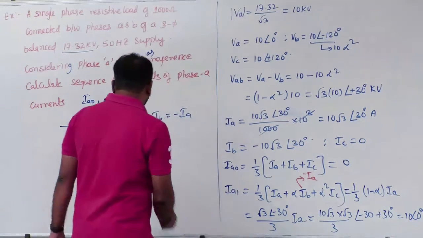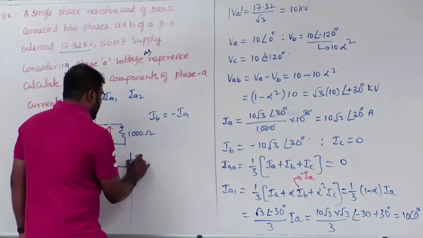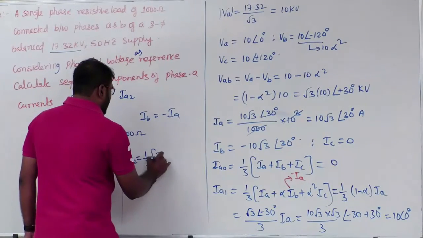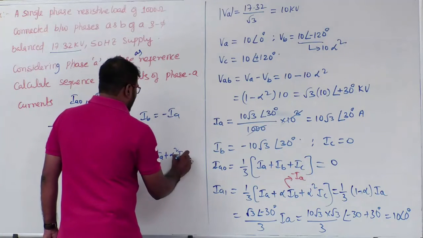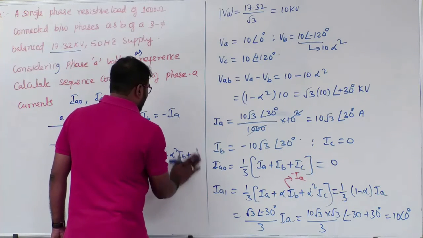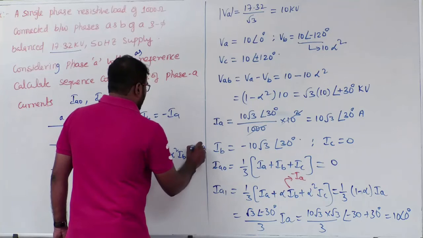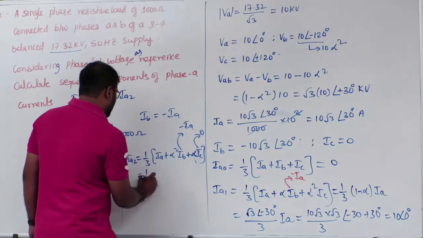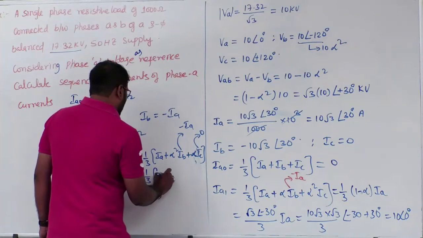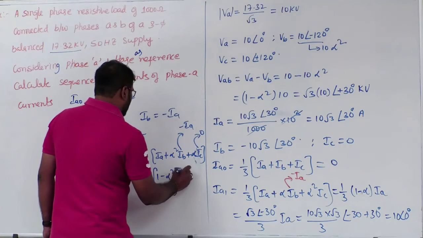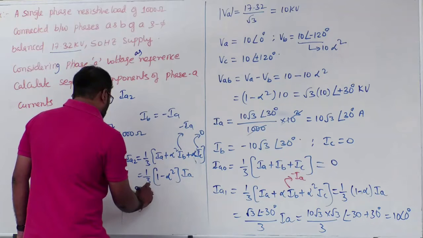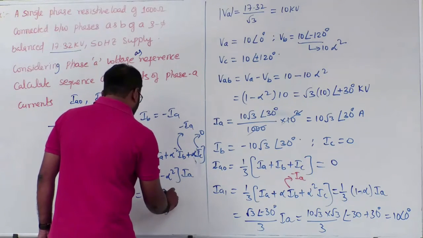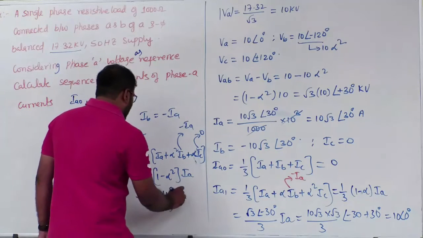Now what is IA2? I am writing here. IA2 equal to 1 by 3 times IA plus alpha square IB plus alpha times IC. Anyway, IC is 0, IB is minus IA. So what I can write now? 1 by 3 times 1 minus alpha square times IA. What is 1 minus alpha square? Root 3 at an angle plus 30. And what is IA?